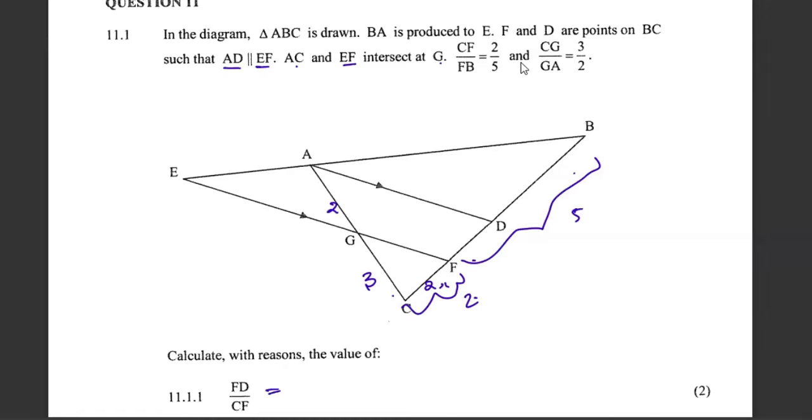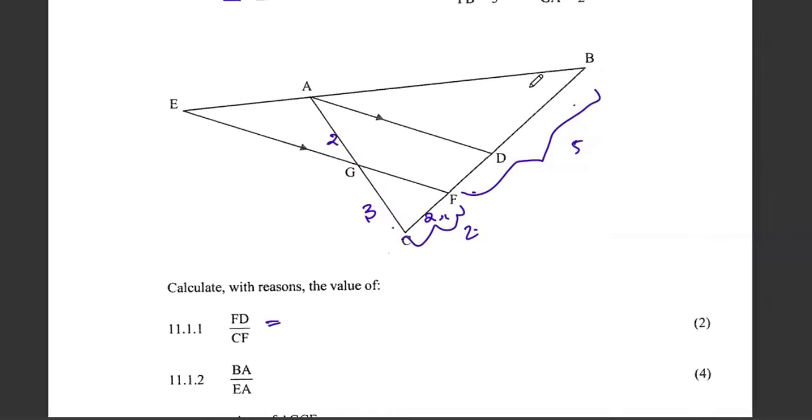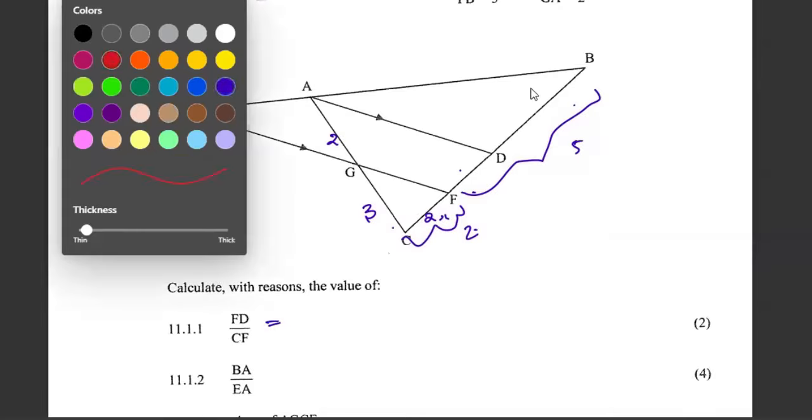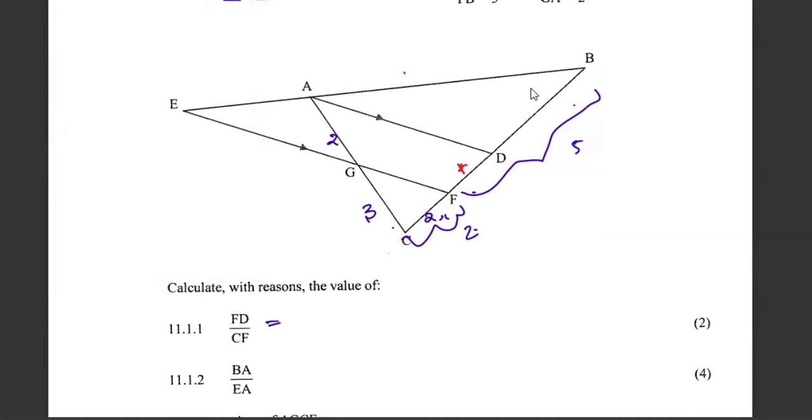And then they want us to determine with reasons the value of FD. Where is FD? This is FD. Let me use a red. Okay, this is FD over CF, this one.